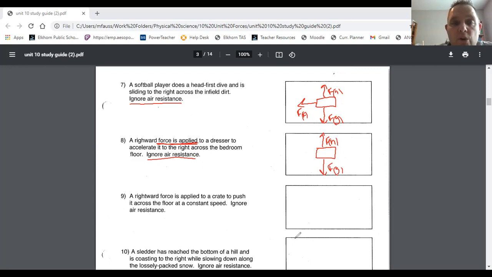Now, we're sliding this across the floor to the right. And do you see that key word there? Accelerate. So that means that the movement to the right, which is our applied force, must be bigger than our friction force.